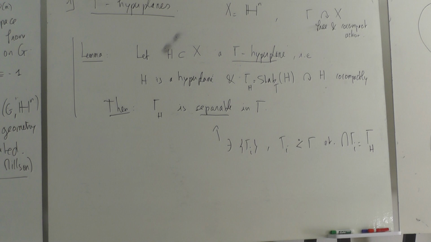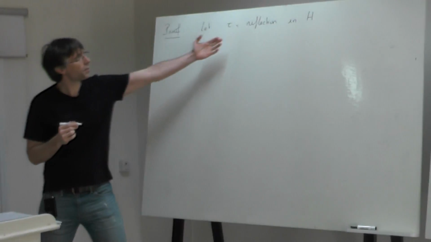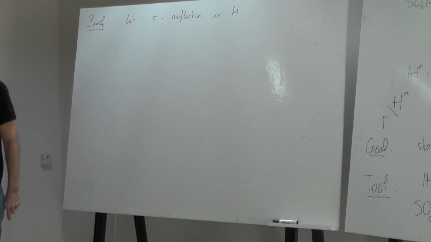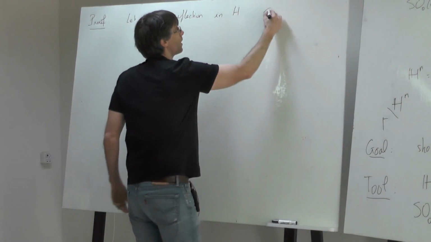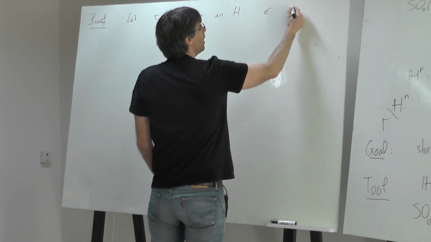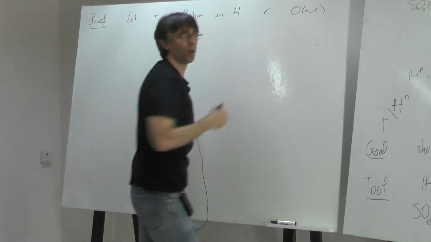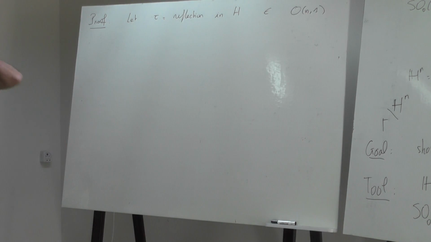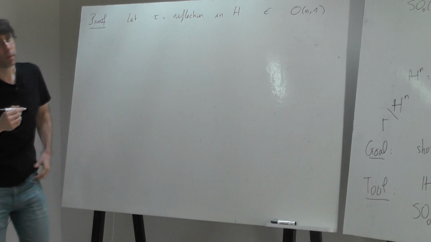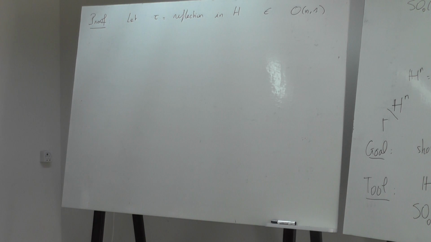Let tau be the reflection in the hyperplane H. Because H is totally geodesic, this reflection is an element in O(N,1). It does not preserve the orientation, so it's not in the connected component of the identity, but it belongs to O(N,1).